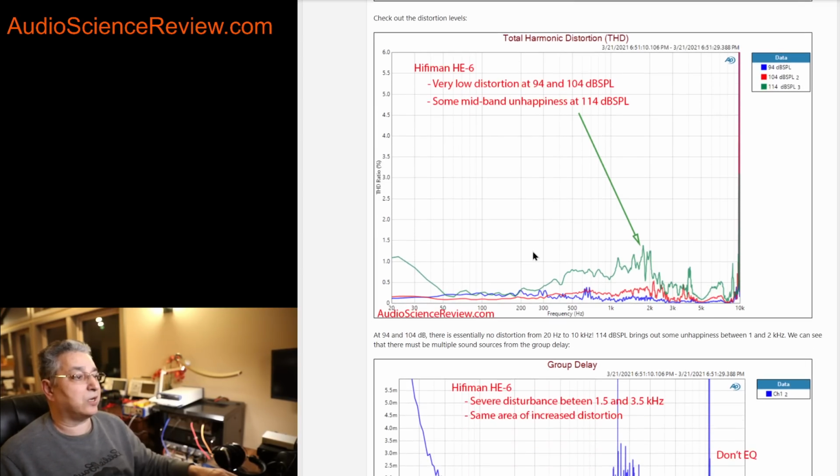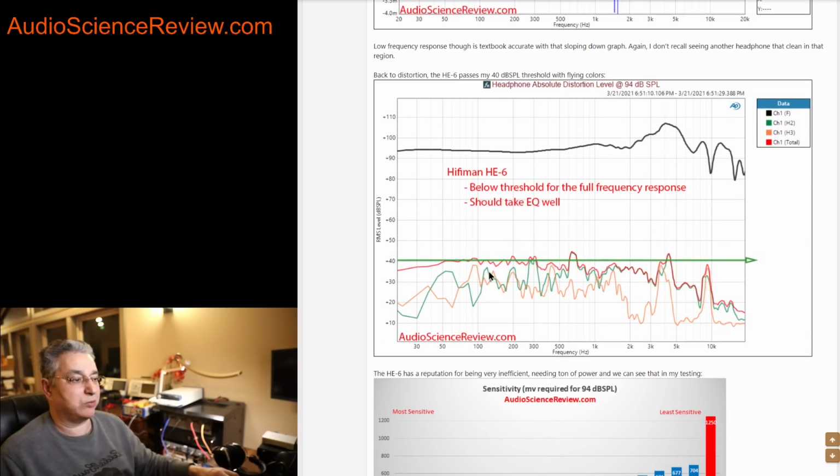Here we see a presentation that I use, but let me show you the presentation other people use. They usually show you a response graph, which is basically the measurement at 94 dB that I use. And by the way, everybody uses different numbers. So I use 94 because that's what was used in the research, I believe, and also what my fixtures are calibrated for. So I know that's the most accurate measurement.